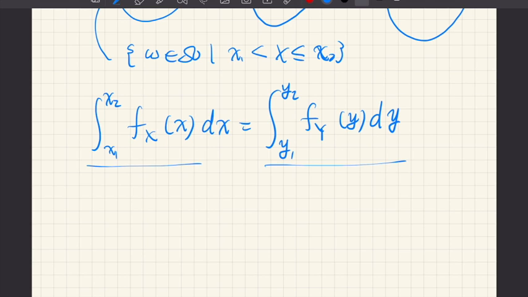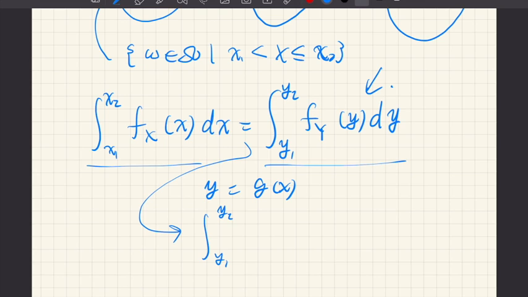Now, y is g of x. Okay? So let's change the variables here in y. So this will be the integral from y1 to y2 of f_y of g of x, and what about this?